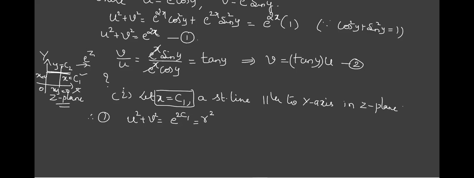What are the properties? You have to tell me about the radius and the center. It represents a circle. One more thing: this circle is in which plane? Very important.